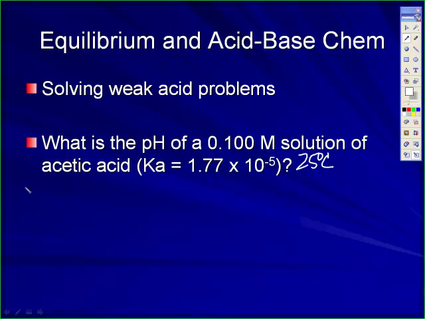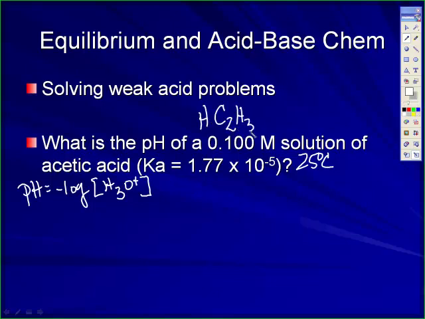So remember, pH is equal to the negative log of the concentration of H3O plus. And we've been working on that a lot lately, and we just talked a lot about H3O plus and the concentration from the Ka formula. In these problems, I would highly, highly recommend that you start off by writing the equation. So acetic acid is HC2H3O2.